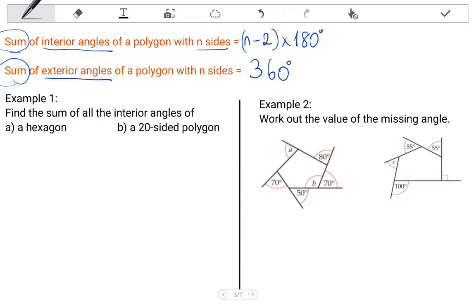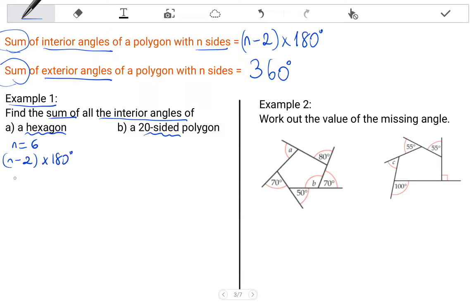Let's solve a couple of basic examples about these. In example 1, we are going to find the sum of all interior angles of a hexagon and a 20-sided polygon. In a hexagon, there are 6 sides, so n has a value of 6, and we know the formula is n minus 2 times 180 degrees.